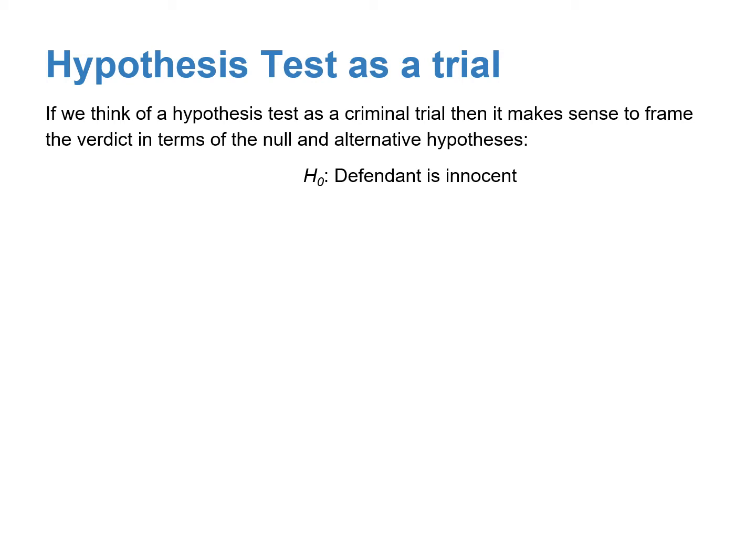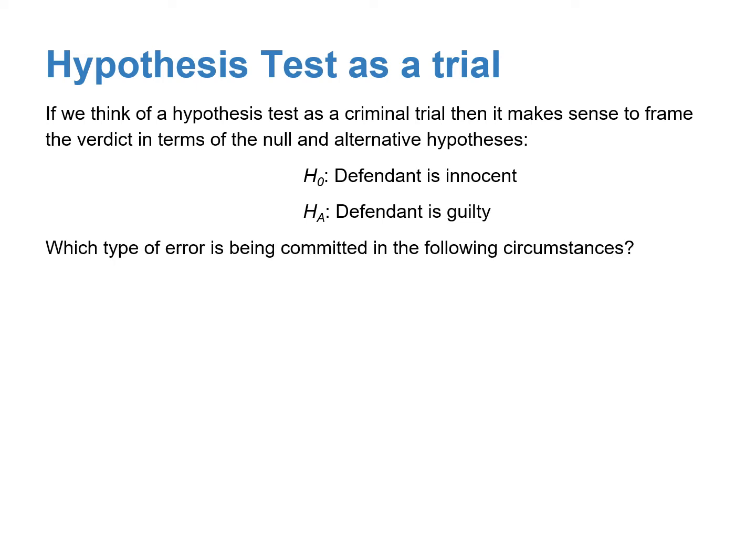So our null hypothesis, what we'll consider the status quo, is that the defendant is innocent. The alternative hypothesis, which we're seeking evidence to support, is that the defendant is guilty. Trying to prove the defendant guilty is what the prosecutor would be doing.